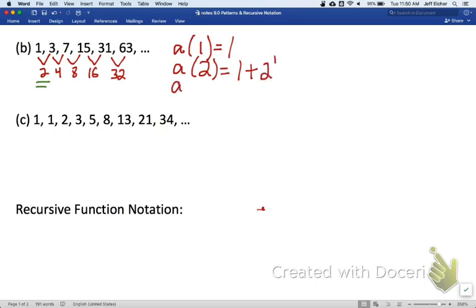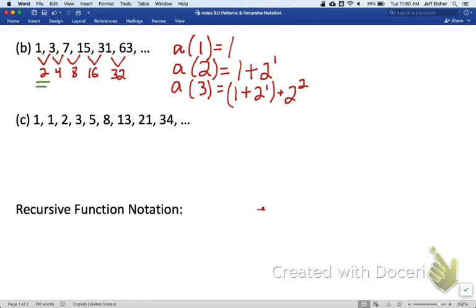To get our next term, our third term, we would take our previous term, which was 1 plus 2 to the first, and we need to add 2 to the second.